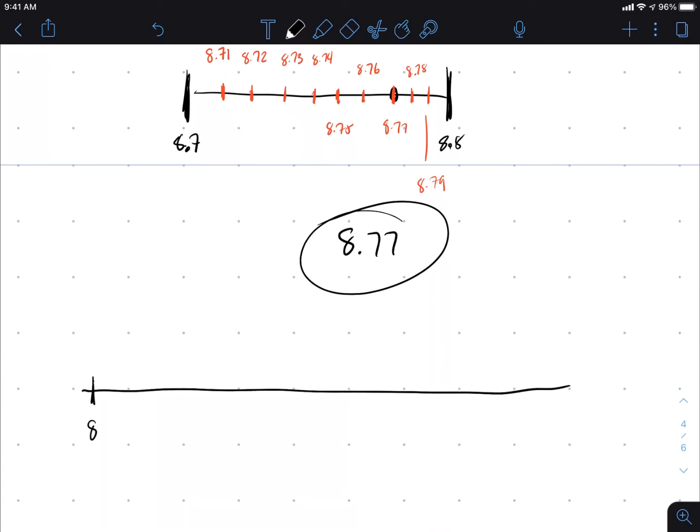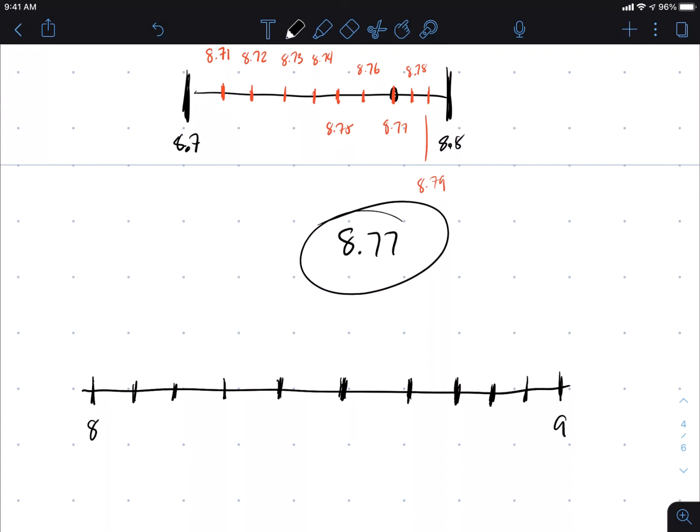So here's 8. Here's 9. There are 9 lines in between. If there's 9 lines in between the whole numbers, what does each of those dashes represent in terms of moving over? I'm not sure.